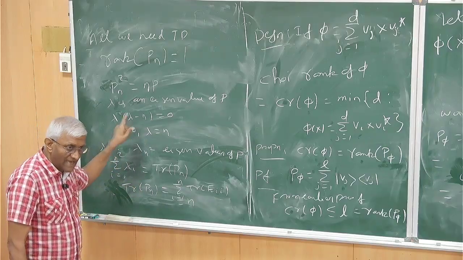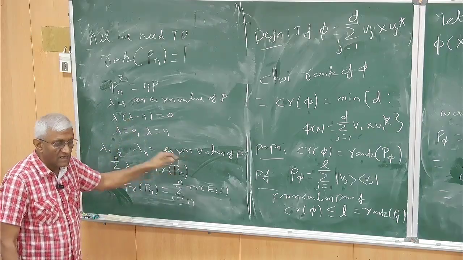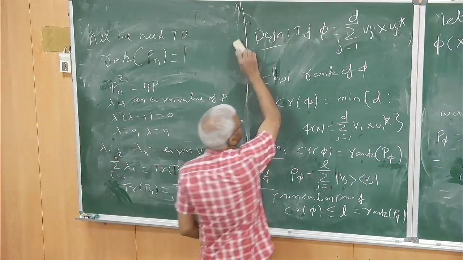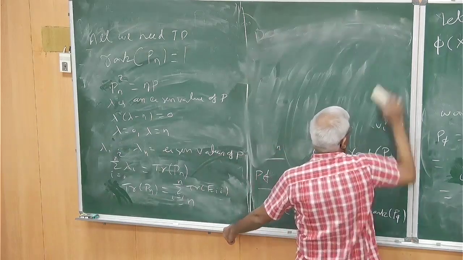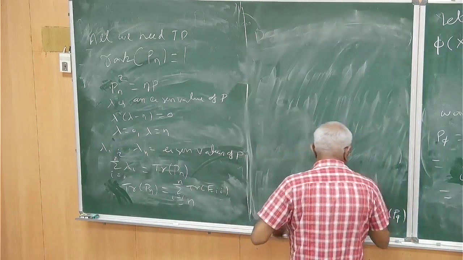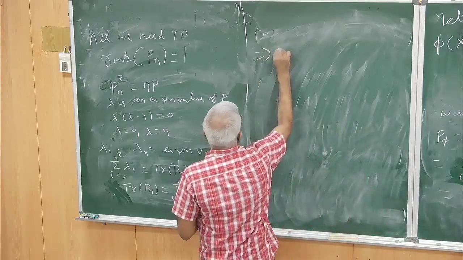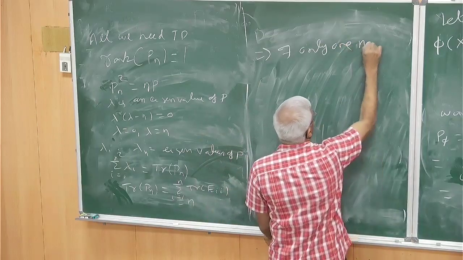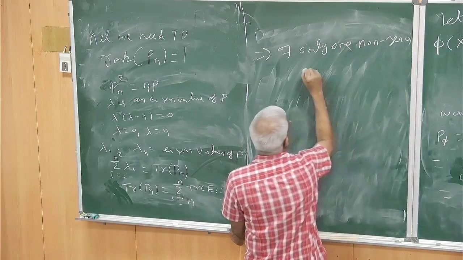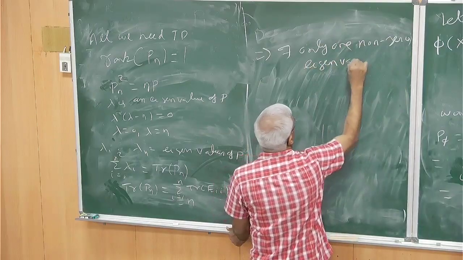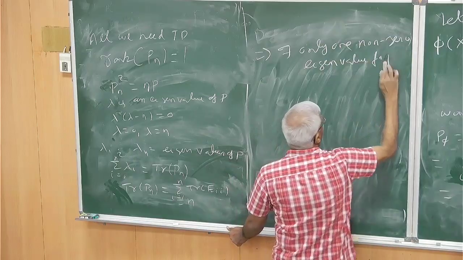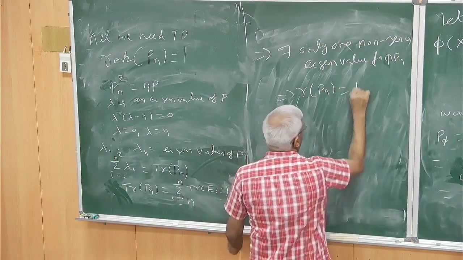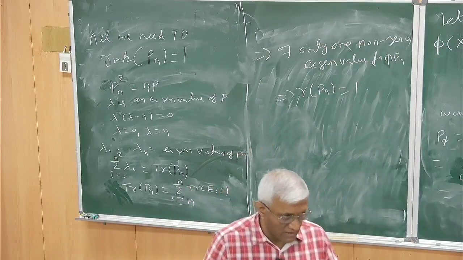And one of the eigenvalues is n. The sum of the eigenvalues is just the trace, so there should be only one non-zero eigenvalue. So this implies there exists only one non-zero eigenvalue for Pn, which implies rank of Pn is 1.